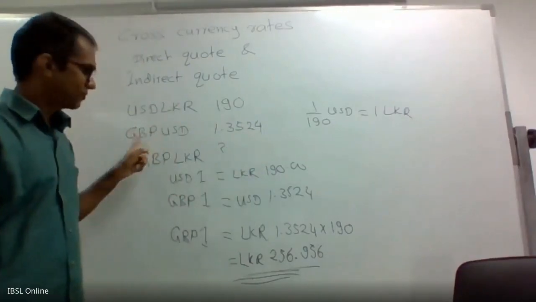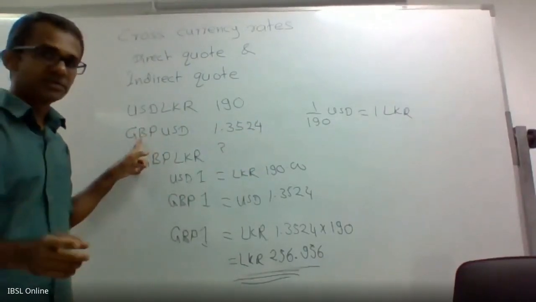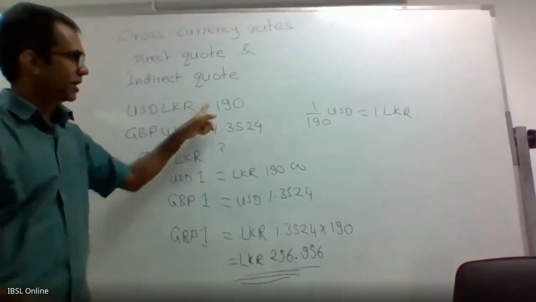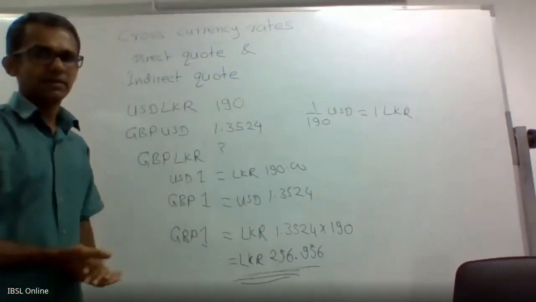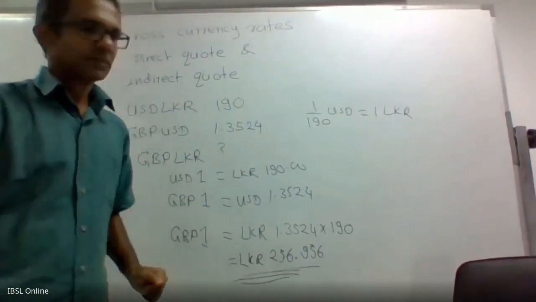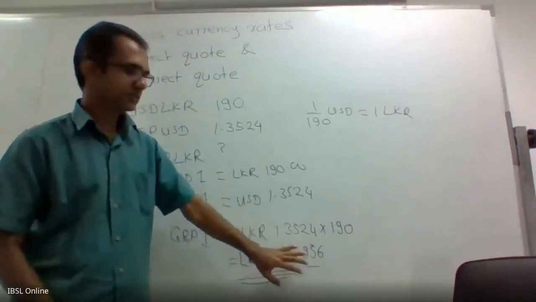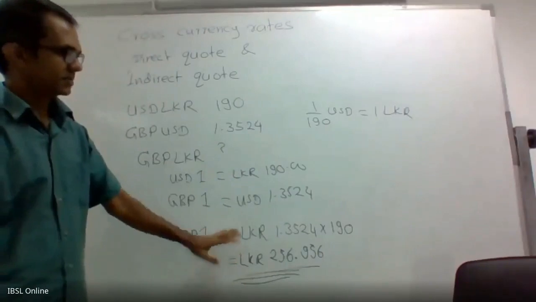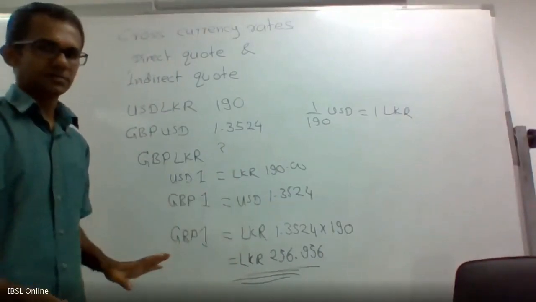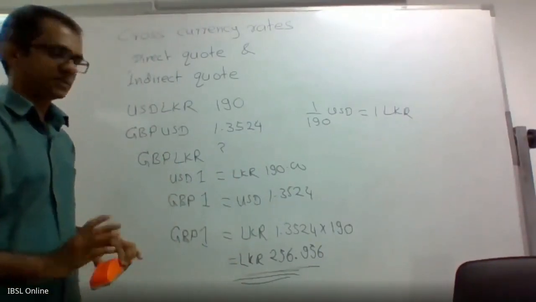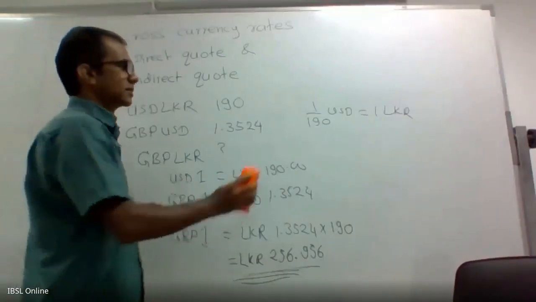So the value of 1 sterling in terms of rupees should be more than 190. If you get a figure less than 190 as the answer, something is wrong. So even in the previous two examples, same thing.